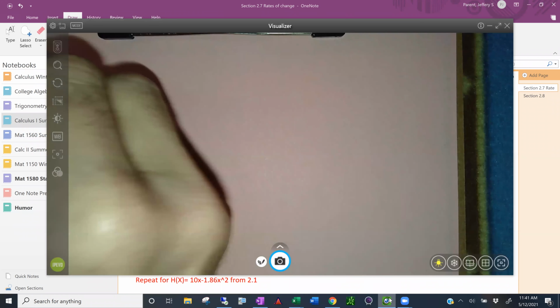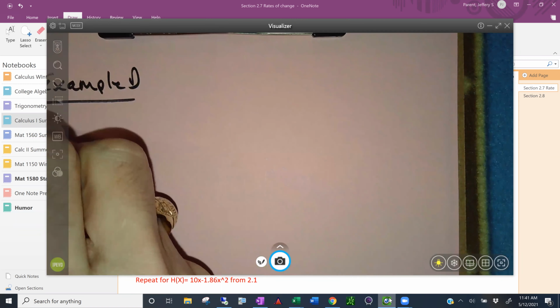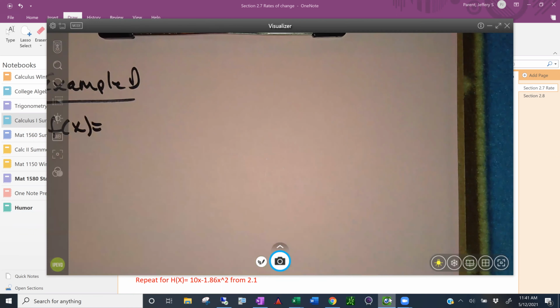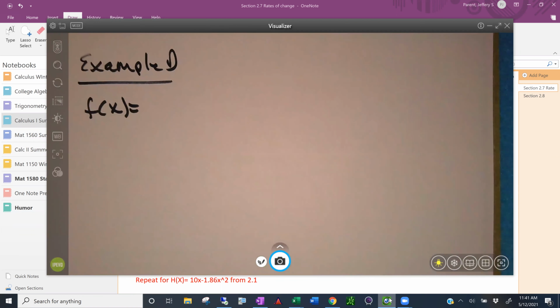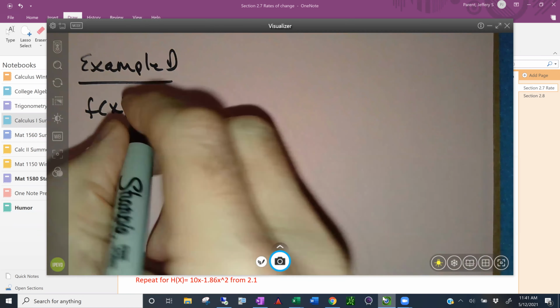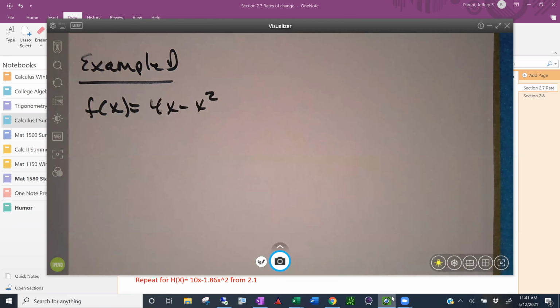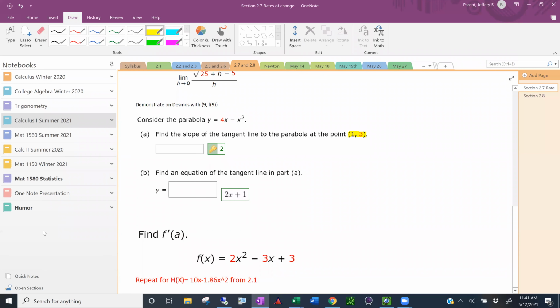So we'll call this one example D. And I'll call my function f of x equals 4x minus x squared. We want to find the equation of the tangent line at the point 1 and 3. So 1 and 3. That's kind of nice.